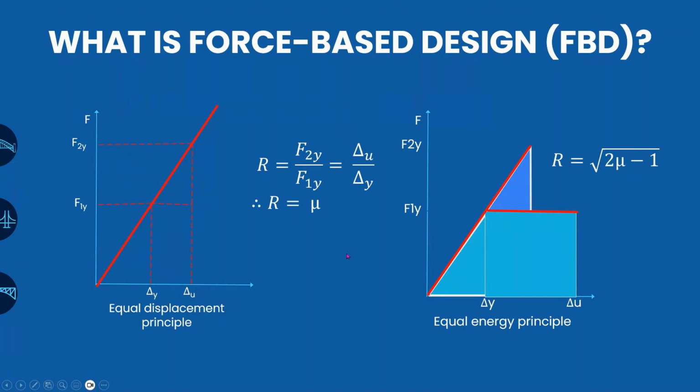These two principles have been developed on the basis of past earthquake scenarios and the behavior of structures under them. Based on that, some formulations were developed to calculate the response reduction factor R. Now, if you look at the first concept, it is based on the equal displacement principle.